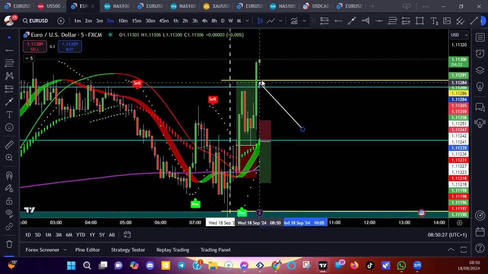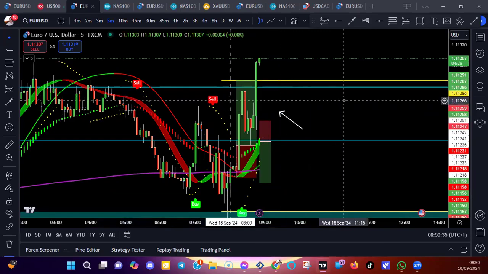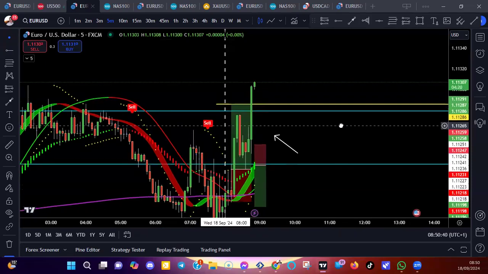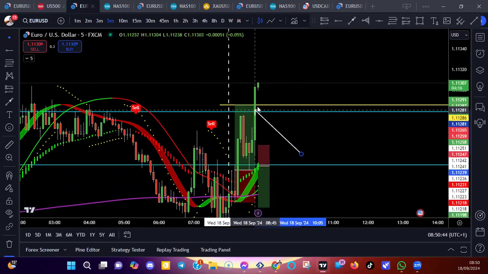But now it's creating all this imbalance here, and we're in a sell zone. But we have found a direction where price wants to go.